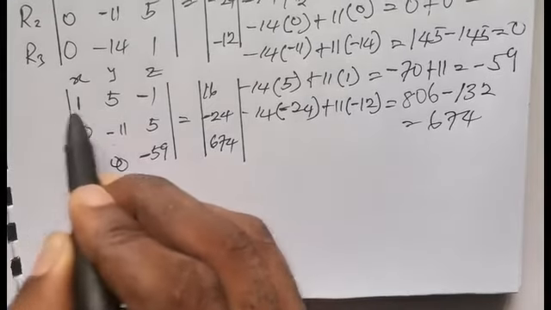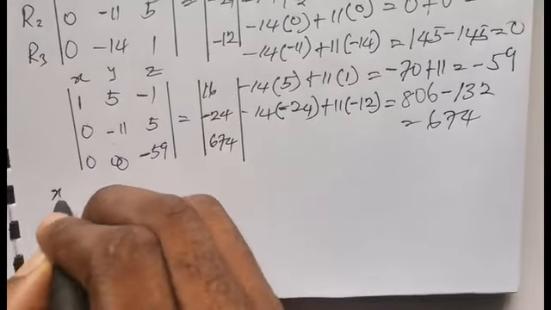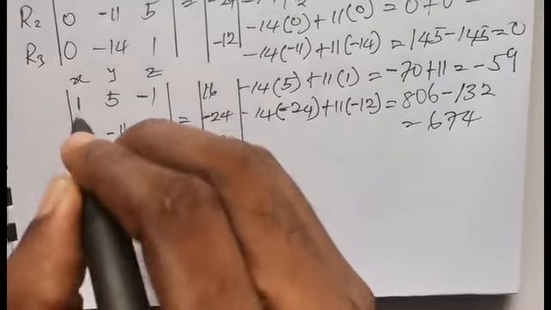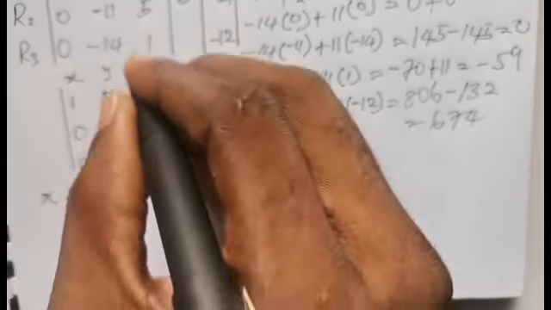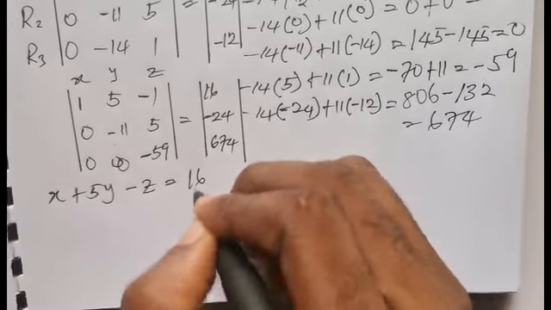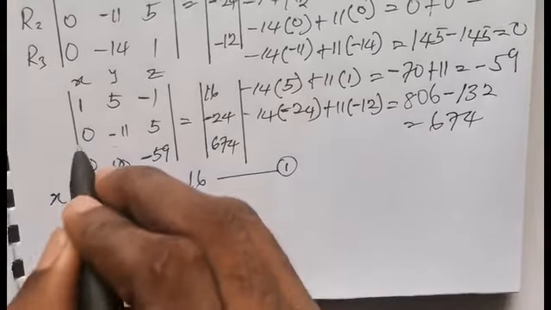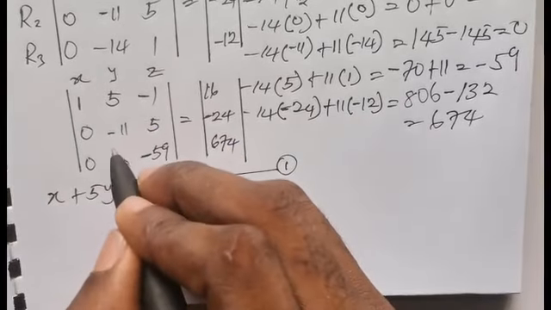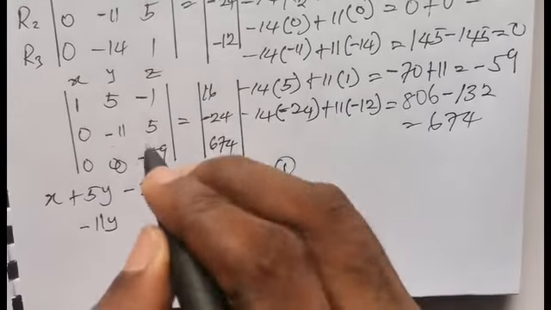So starting from the first row, 1 times x gives us x, plus 5 times y gives us 5y, minus 1 times z gives us minus z, and this is equal to the constant there, which is 16. Call this equation 1. Similarly, 0 times x is 0, so I have negative 11 times y, that gives us negative 11y.